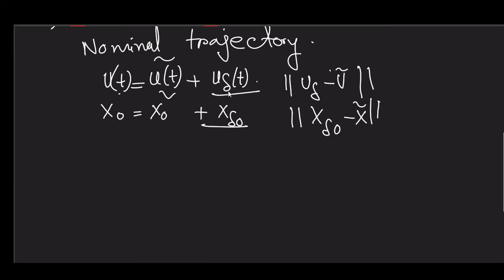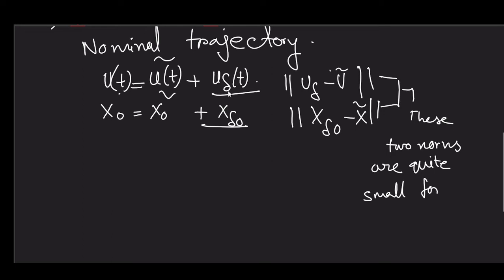How to calculate the norm, that I will discuss. We can select any arbitrary value. For the time being, you can consider that these norms are like Euclidean distance. These two norms are quite small for all t greater than or equal to t naught.